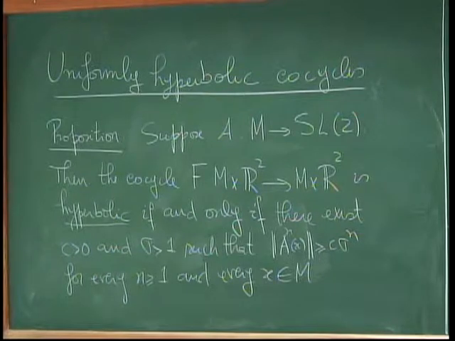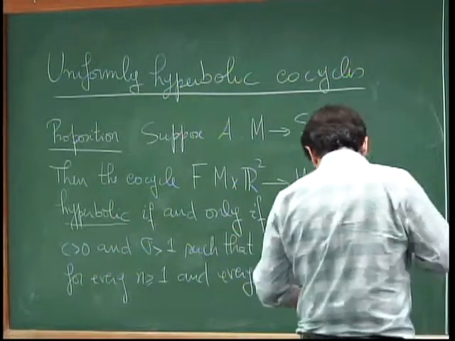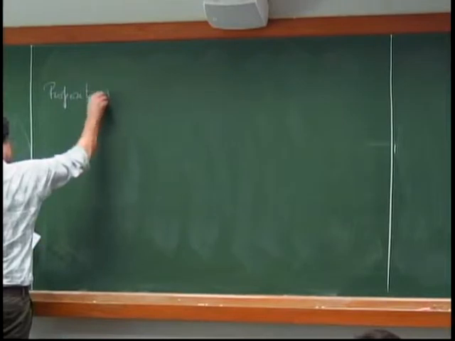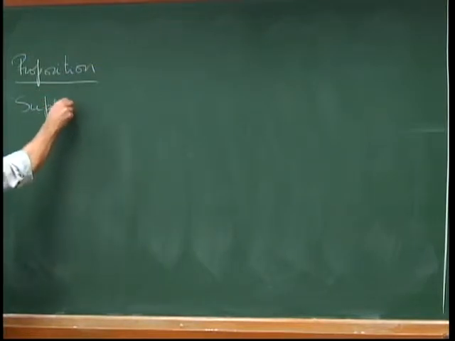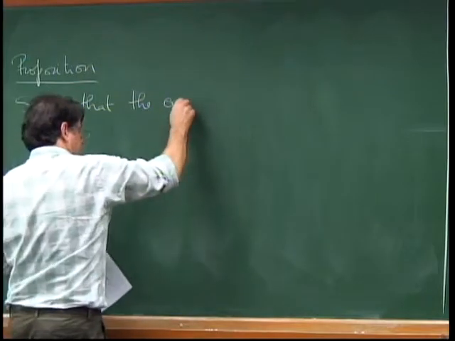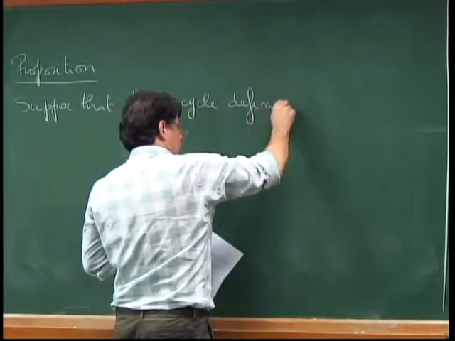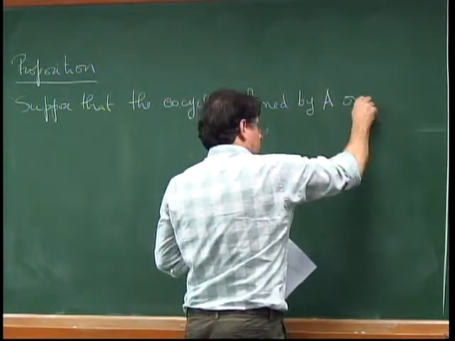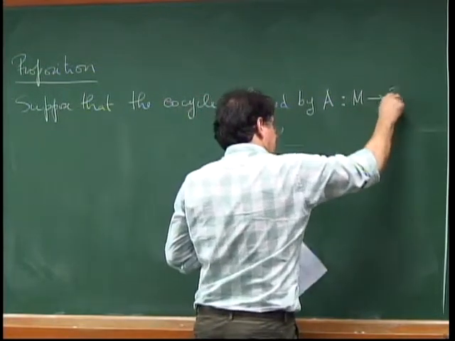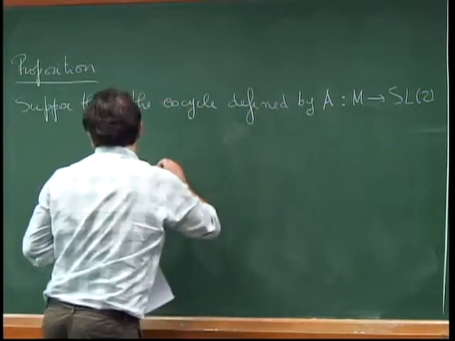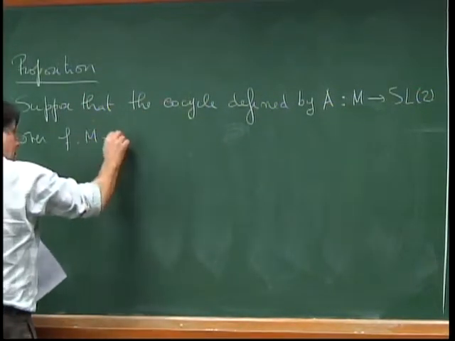One consequence is given by this proposition. Suppose that the cocycle defined by A over F is hyperbolic.